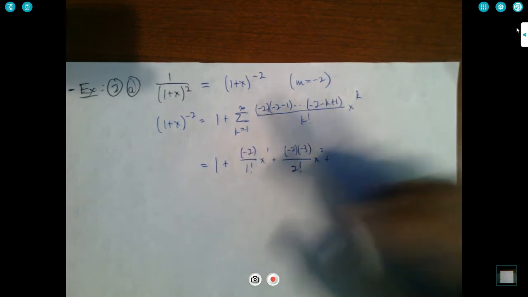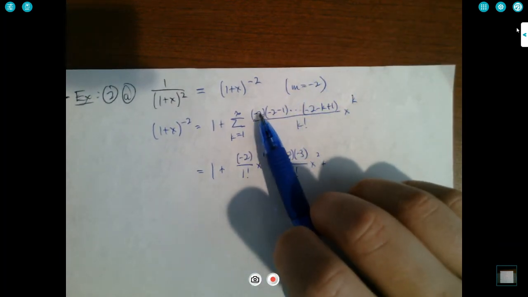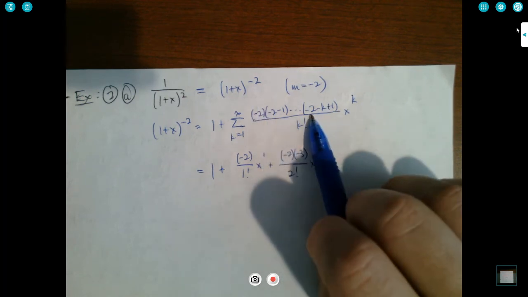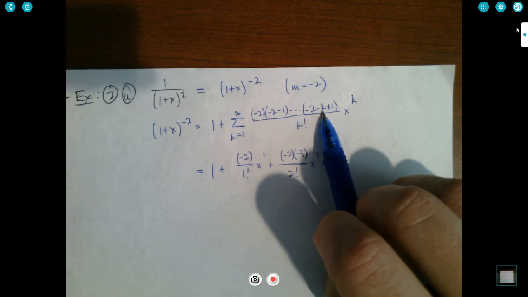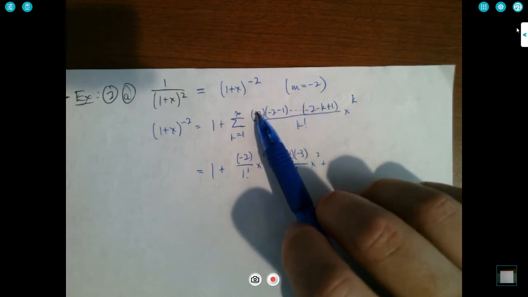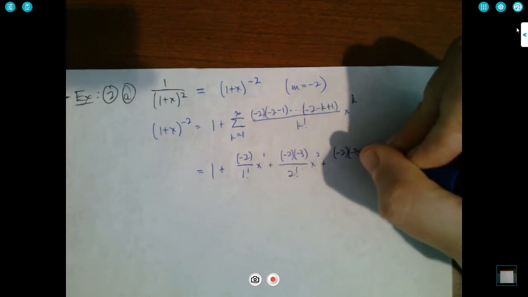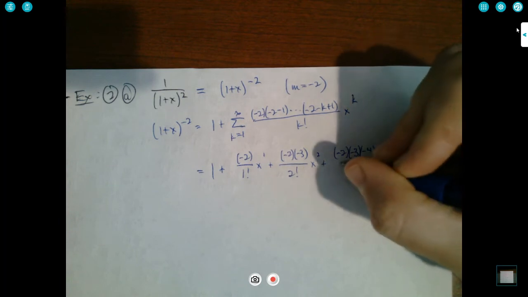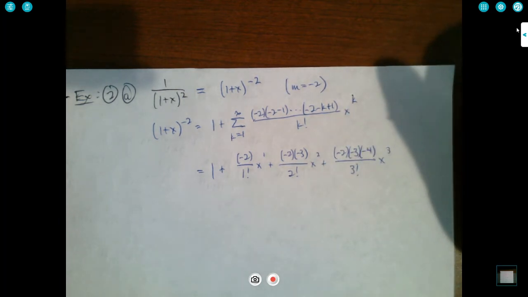Then if k equals 3, you're going to have negative 2 times negative 3 times negative 2 minus 3, which is negative 5, plus 1 is negative 4. So negative 2 times negative 3 times negative 4. I think you kind of see where that's going, right? Over 3 factorial x cubed.